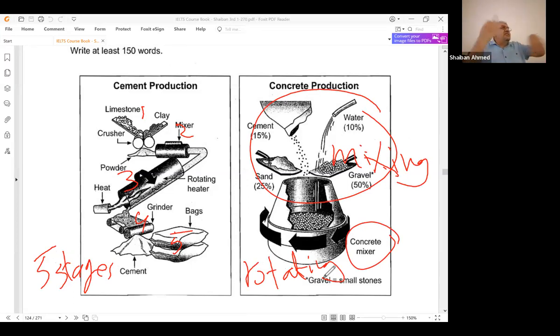So you mix first, then if you don't know the word rotate, you can say mixing, or a mixer, or mixing it in a mixer. Anyway, so here 2 stages. Do we have other differences? You can say that the diagram shows both cement and concrete production. It can be seen that the cement production takes more stages.